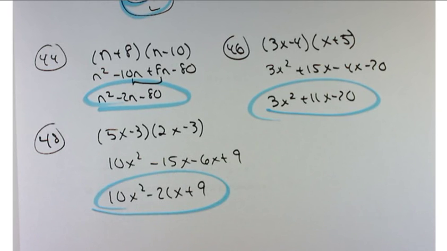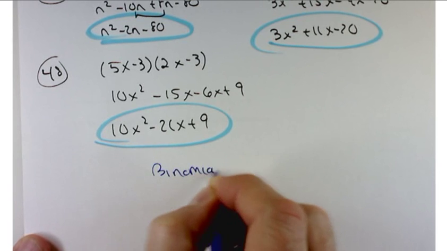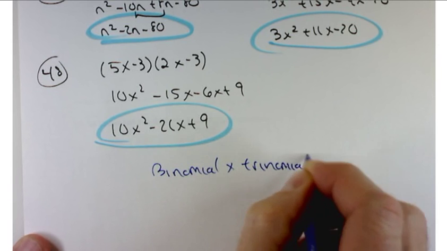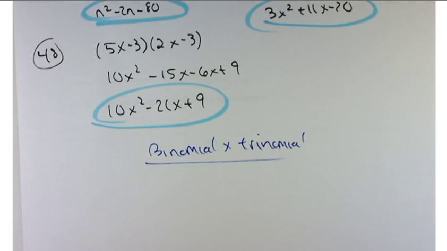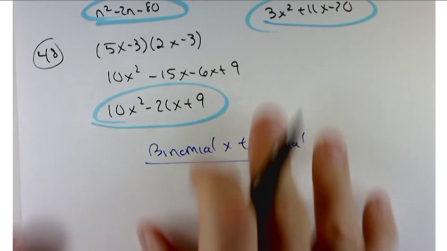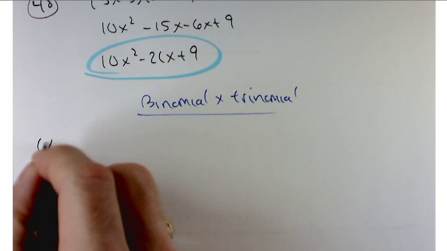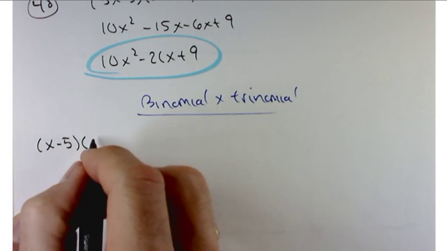There's one last variety of problems that you'll see in this section, and it's going to be a binomial times a trinomial. I'll give you a couple examples. There's a little bit of a trick here that'll make your life a lot easier when you try and simplify it all at the end. Now, it's not the only way you can do these things.